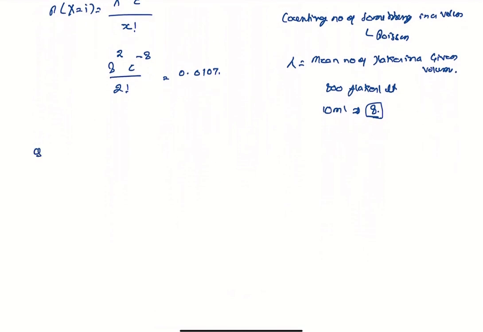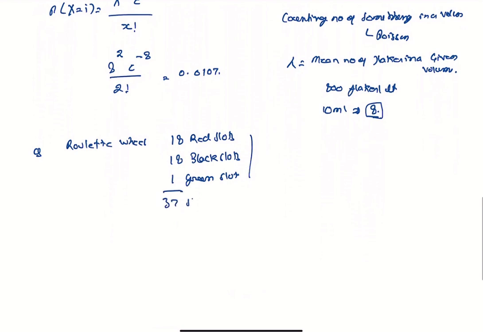Next question is a European roulette wheel has 18 red slots, 18 black slots, and 1 green slot, so there are a total of 37 slots. The ball is equally likely to land in any of the 37 slots.